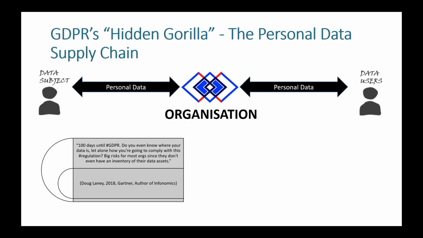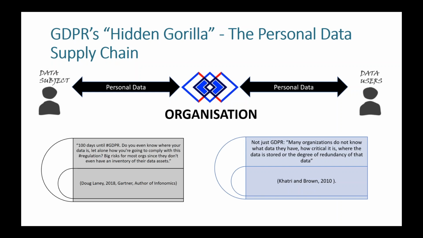But it's not just about GDPR. Research going back to Catry and Brown, 2010, shows organizations just don't know what data they have, how critical it is, how redundant it is, and the like. So this is the hidden gorilla that affects so many projects.